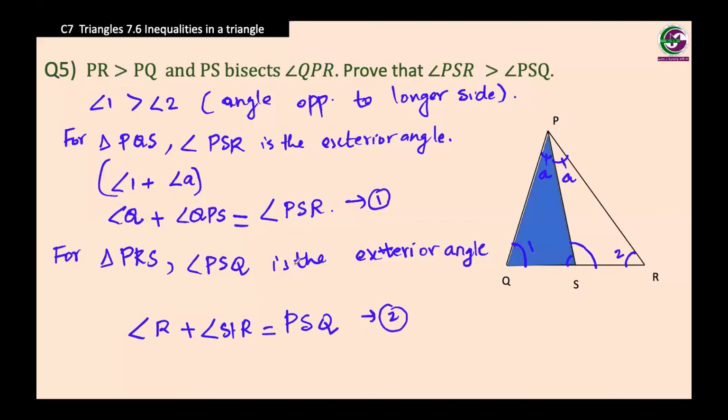From these two equations, we know that QPS is angle A and SPR is also angle A. These two are equal.